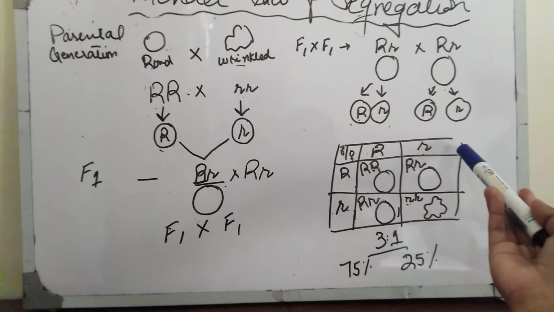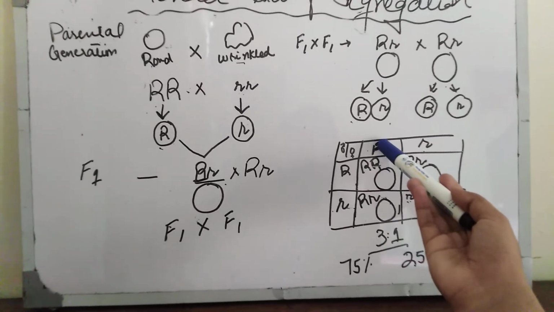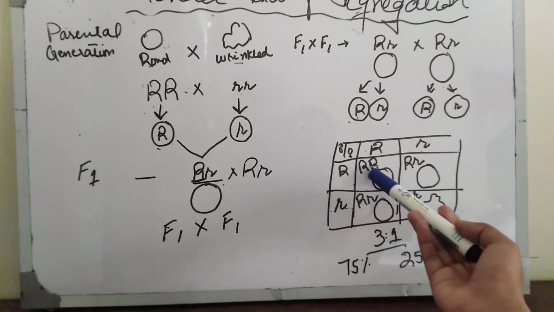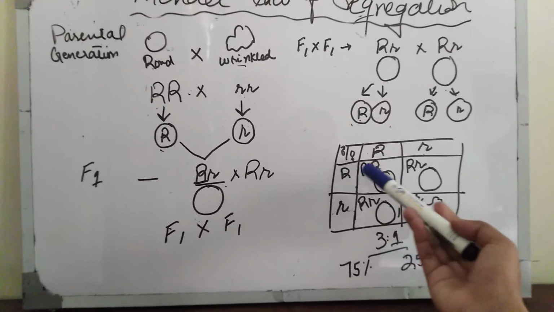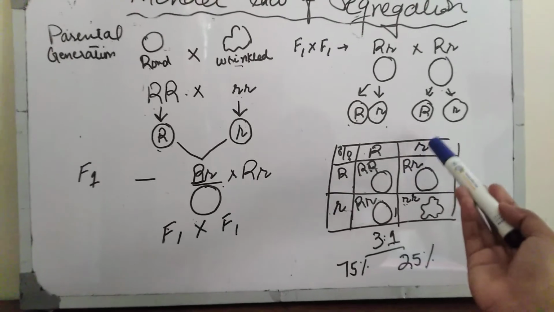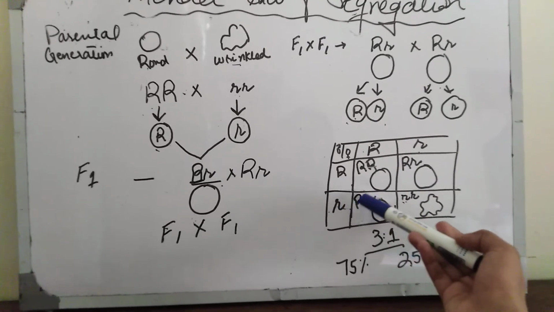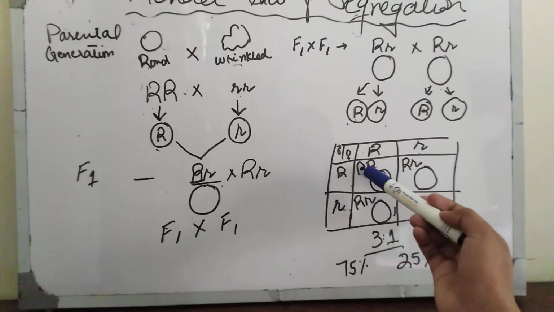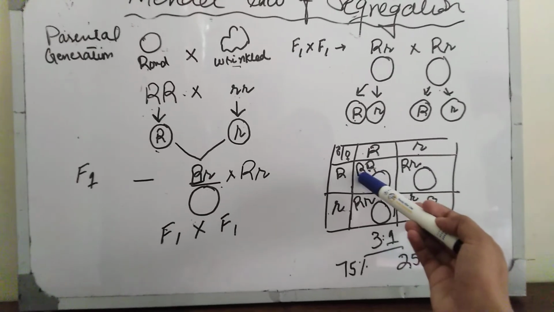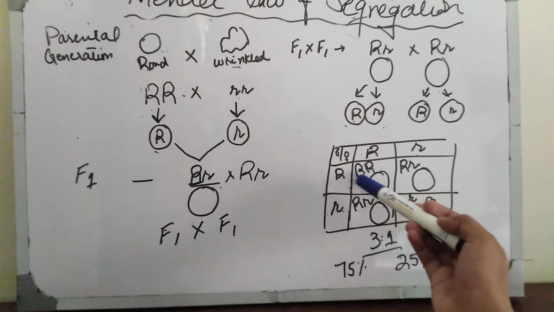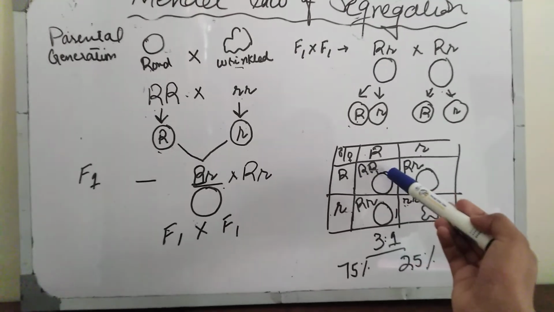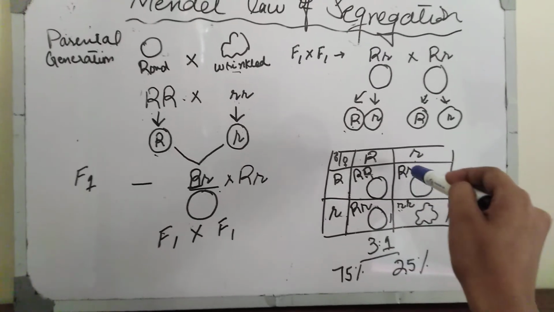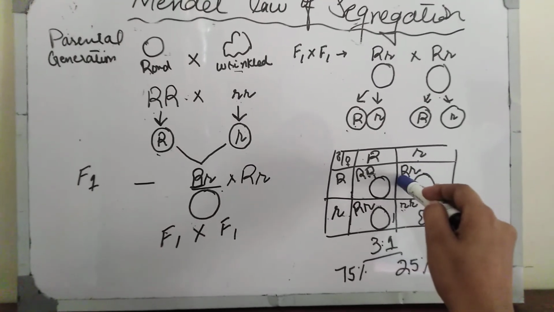We put these possible gametes in the vertical row and these possible gametes in the horizontal row. How to generate? We take one allele from this side and one allele from this side. It will be capital R capital R, capital R small r, capital R small r, and small r small r. How to determine the phenotype? As we know, the dominant allele will show its characteristics.